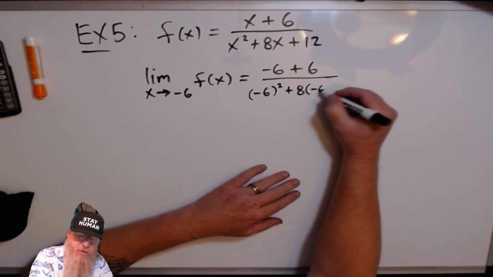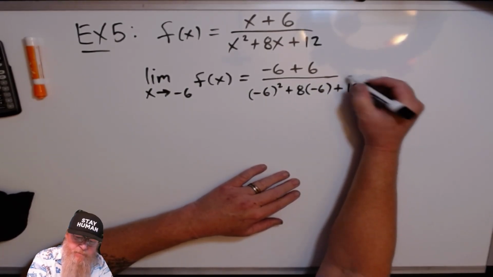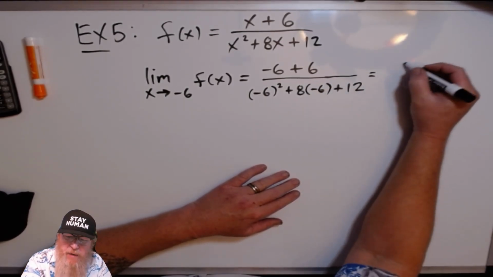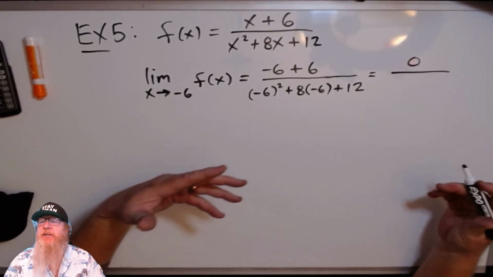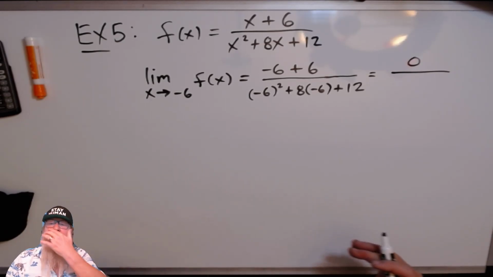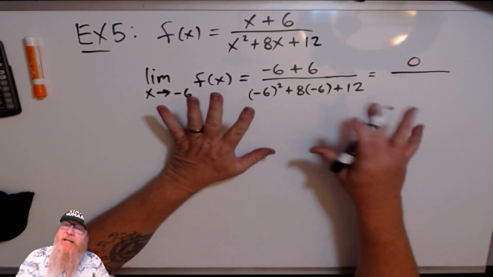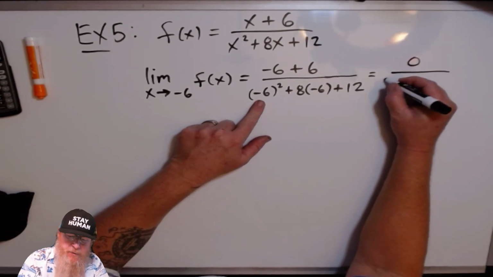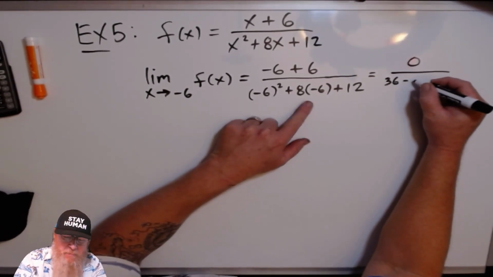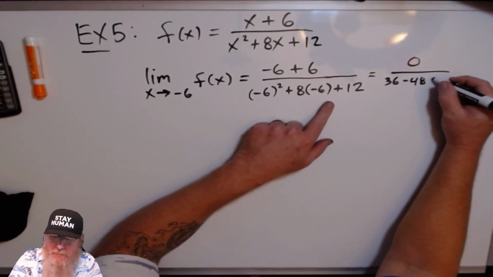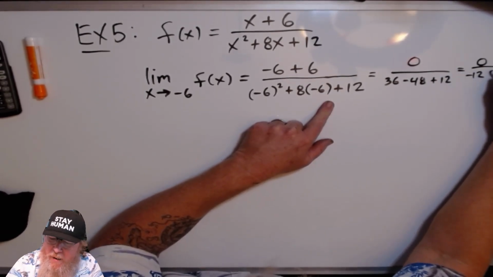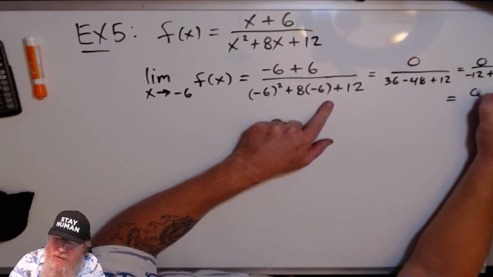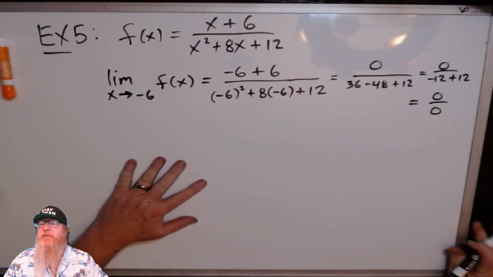Now you might not notice that right away, but I kind of gave it away in my preamble here. I'm trying to force it to be 0 over 0 so that we can learn the next technique. I particularly crafted this one. So this is 36 minus 48 plus 12, which is -12 plus 12, which is 0 over 0.